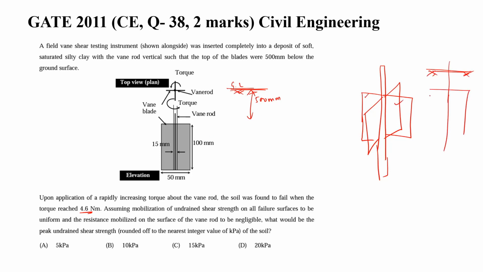Then you rotate this rod. The soil encapsulated in the blades rotates and fails in a circular shape due to the application of the torque T. By taking the torque value at failure, you can find the shear strength of the soil. Now, taking this concept, we will first note down the given data.